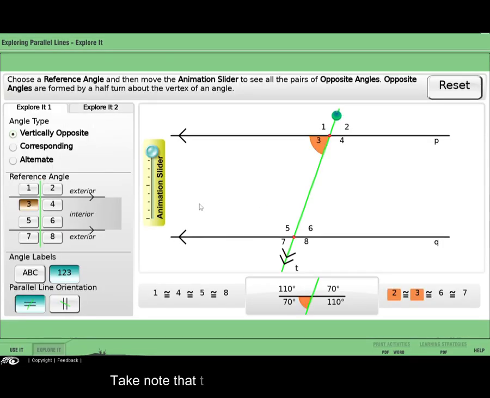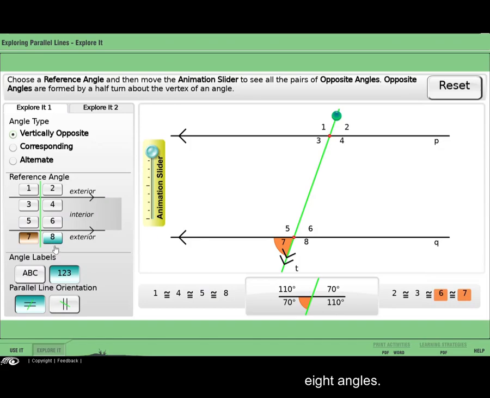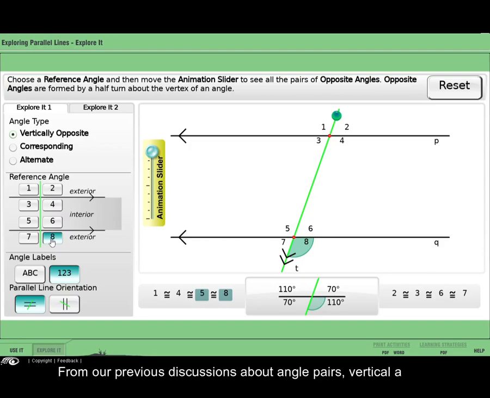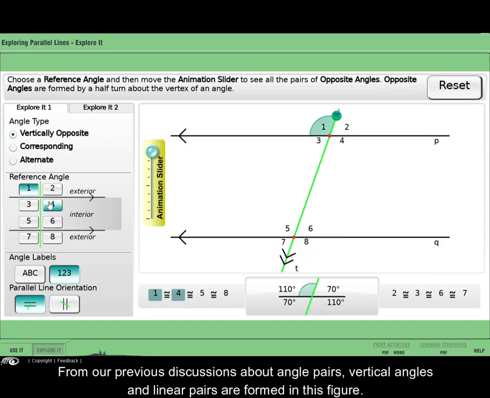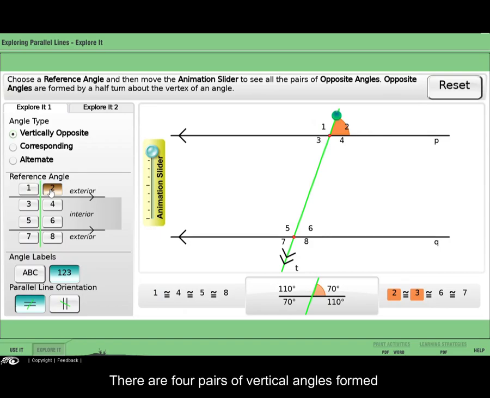Take note that these lines make 8 angles. From our previous discussions about angle pairs, vertical angles and linear pairs are formed in this figure. There are 4 pairs of vertical angles formed.